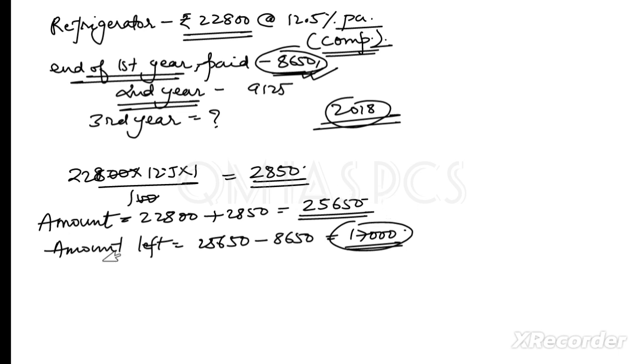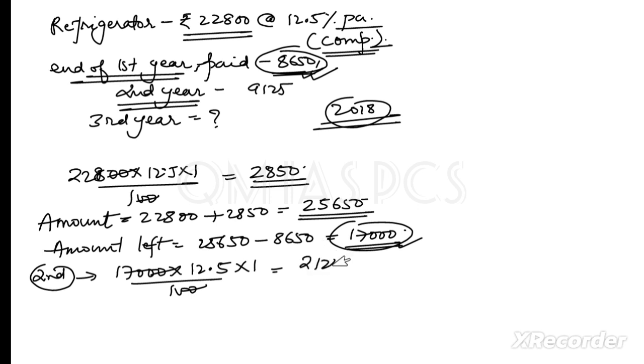So for the second year we have to calculate in terms of 17,000, not in terms of 22,800. The rate is the same, 12.5 multiplied by 1 divided by 100. So it will be 2,125 rupees.